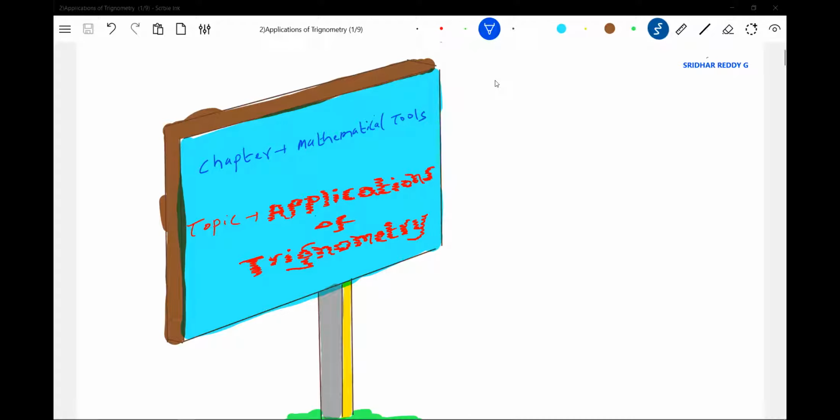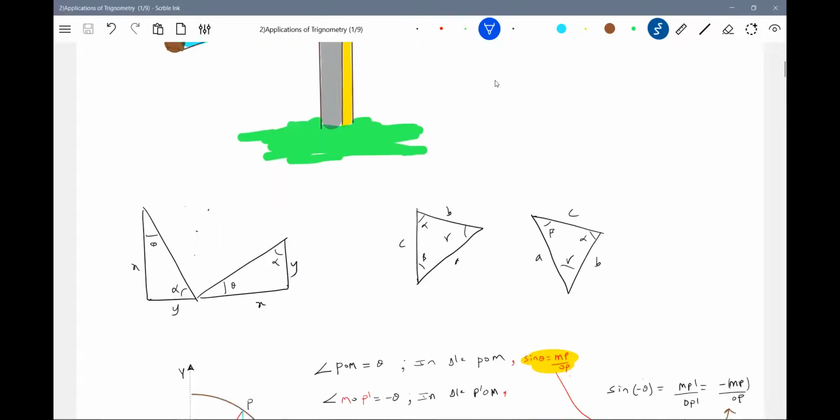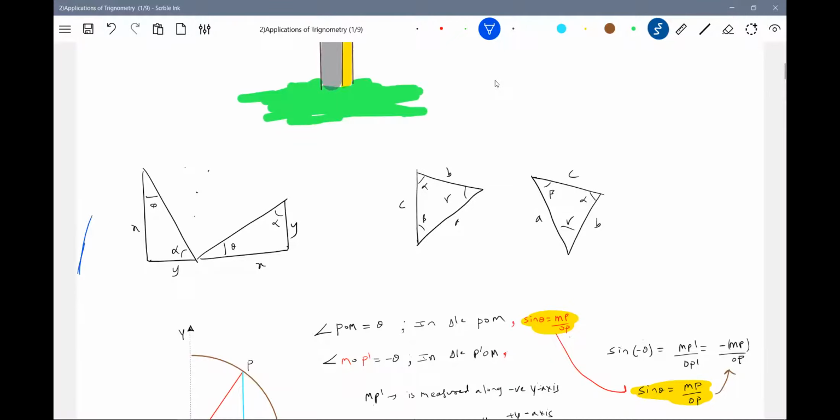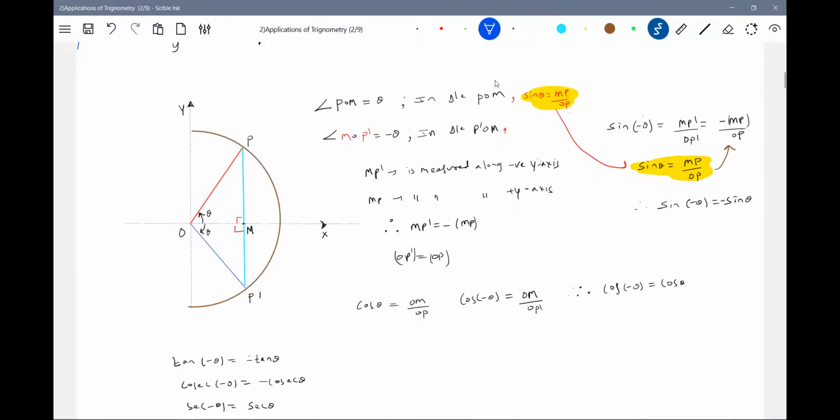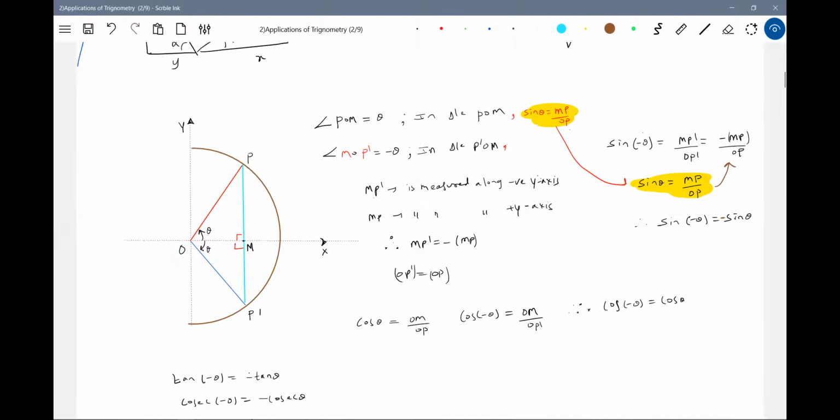In trigonometry, we are taking the applications of trigonometry, or we will further explore the remaining part of trigonometry. Let me start with the first slide: sine theta, sine of minus theta, what can be its value? I have pre-written it so that we can save time.